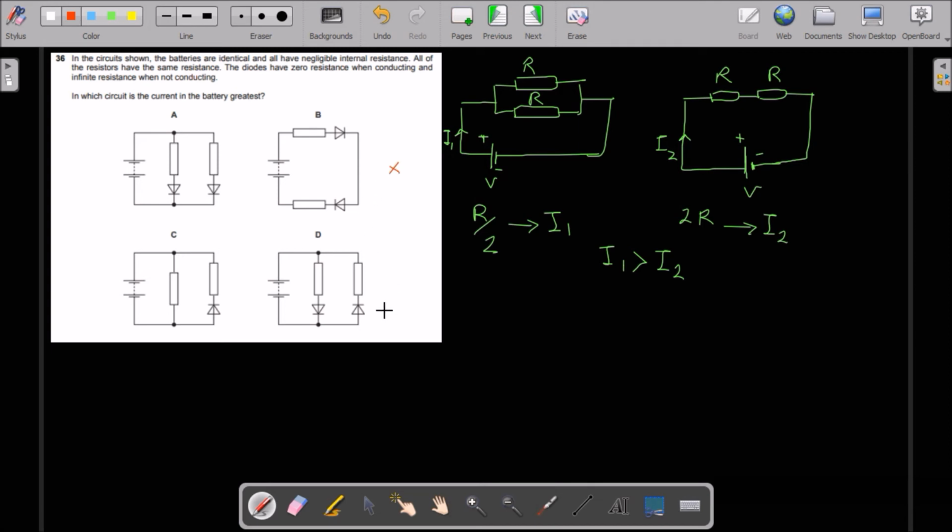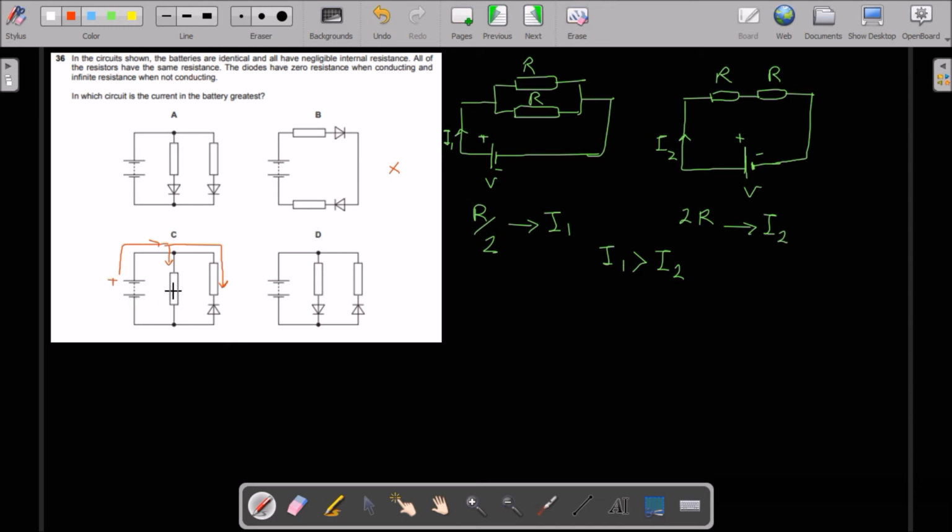Now between A, C, D, as you can see, current starts from the positive end of the battery, conventional current, and comes in this part and goes to the resistor. But when it comes towards the diode, the diode doesn't let current pass.